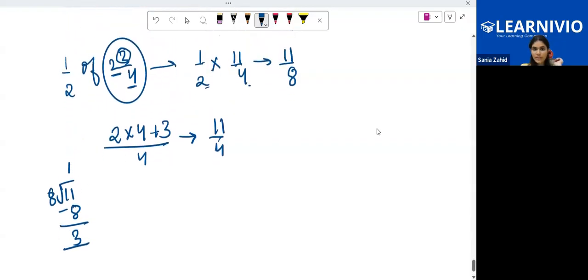Okay, now how will you write it as a mixed fraction? What will be the denominator? Denominator will be 8 only. Okay. What will be the whole number? 1. Very good. And what will be the numerator? 3. Okay. Do you understand now? Yes, ma'am. Okay, very nice.